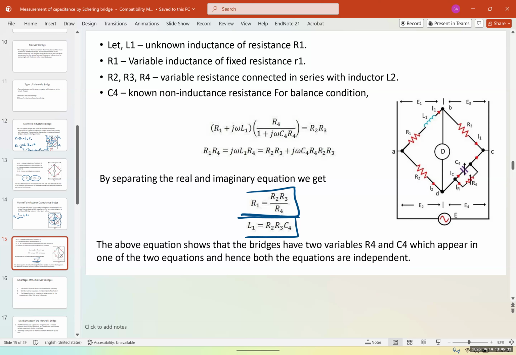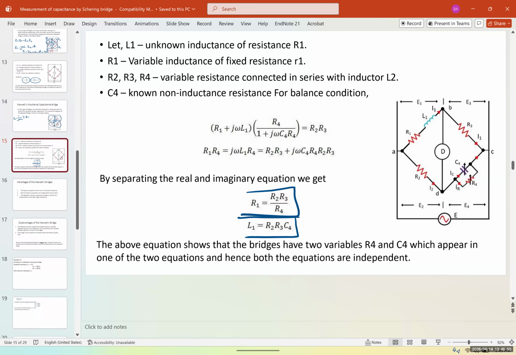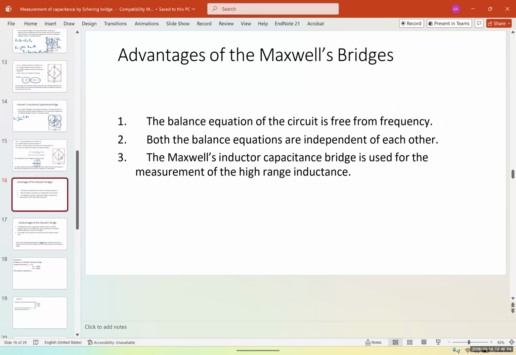Now, the problem with the Schering and the Maxwell bridge is that these are very sensitive bridges. Building a variable capacitance or a variable inductance is a very difficult challenge. Therefore, we need high voltages usually, and sometimes it gets very tricky.